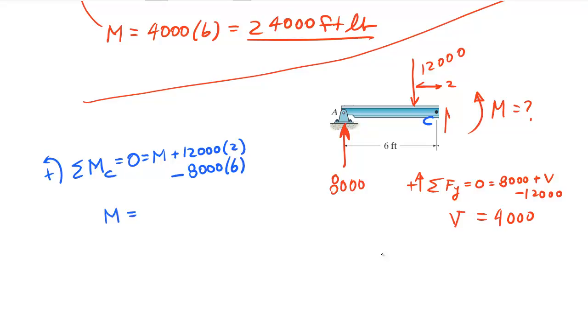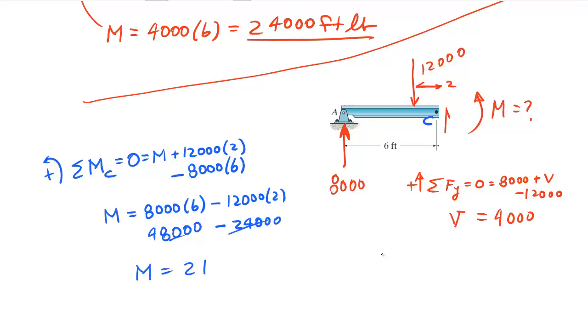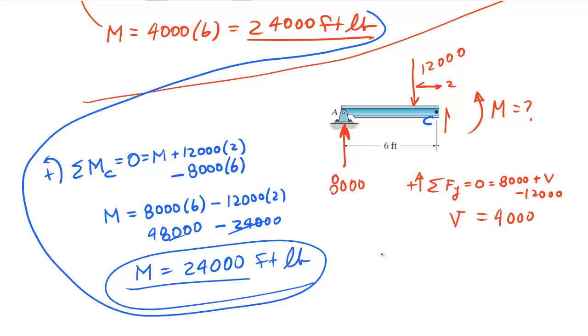So the moment is equal to 8,000 times 6 minus 12,000 times 2, which is 48,000 minus 24,000, so the moment is 24,000 foot-pounds. Again, the same value here that existed here. So that concludes this problem.